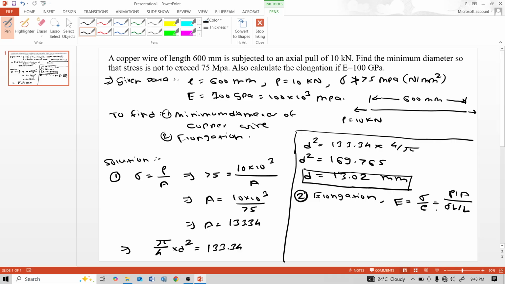So by that we get the formula for elongation: E is equal to P by A into L by delta L, so delta L is equal to PL by AE.